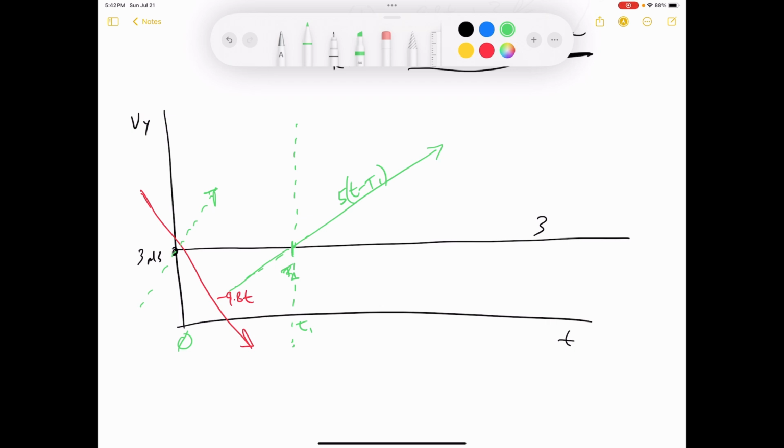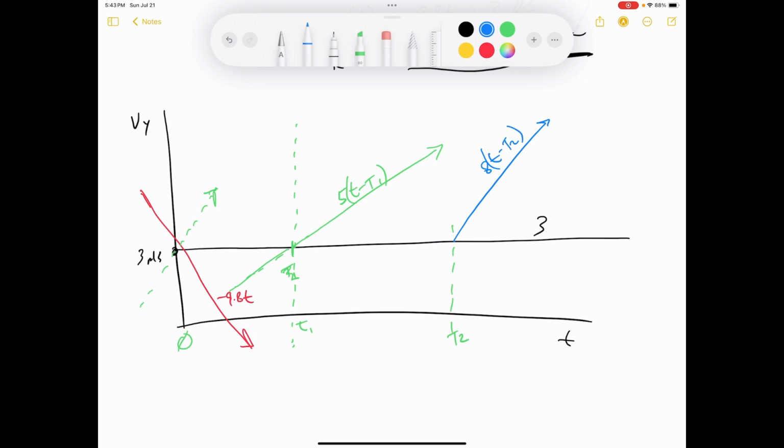And then let's also imagine at time t2 there was another rocket engine, I don't know, just because I'm running out of ideas, going at 8t. That's the slope there. And once again, if you wanted this graph to actually be here, you'd have to say 8 times t minus t2.